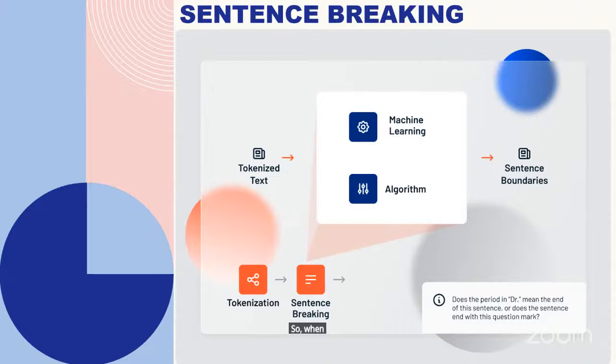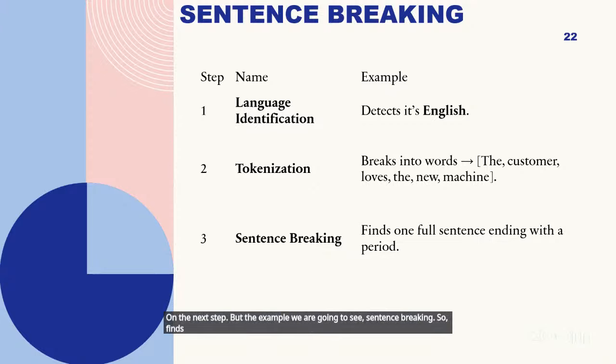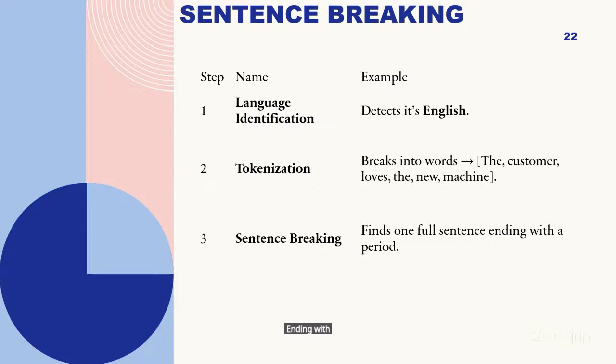So when the tokenized text is given to the algorithm, it gives output as sentence boundaries. I believe the professors are following. In the example, sentence breaking finds one full sentence ending with a period, where it has a break.